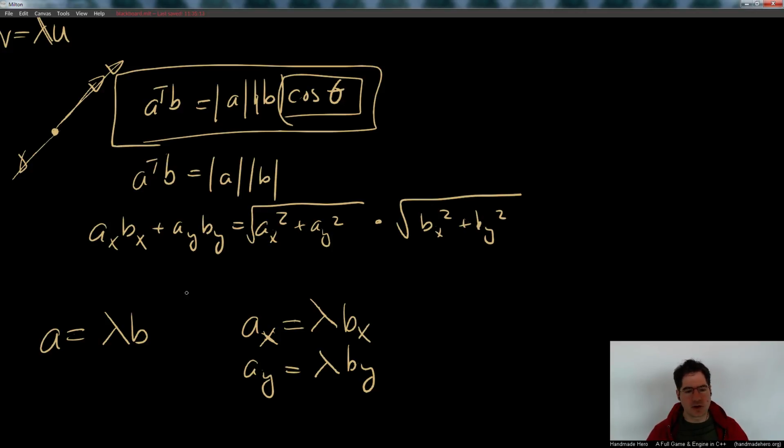But anyway, you can imagine that this equation is something that would be true about any two vectors that are parallel, because it means that the cosine term for the dot product has to be 1. And then similarly, we would expect this to be true as well.